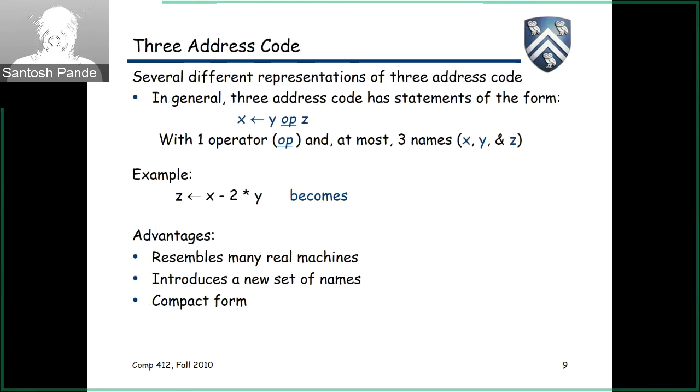However, the more common one, which is there for, of course, our hardware that we use, is of the form of 3-address code, as I mentioned, which is x is equal to y op z. First operand is y, second is z, operator is op, and then the destination is x.